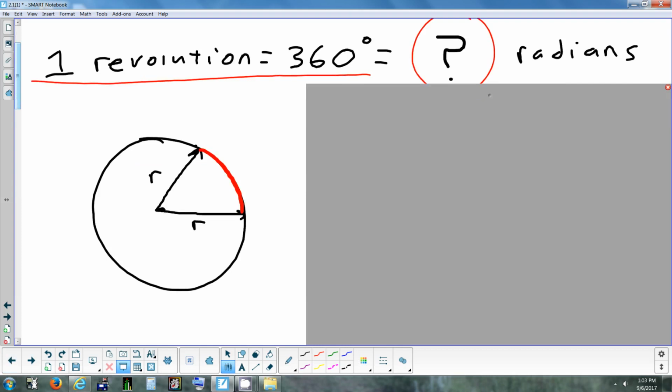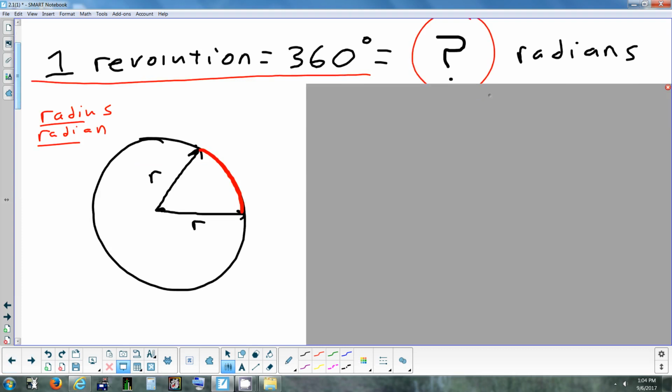What does that R stand for? Radius. And if you look at the word radius and radian, they do start out with the same four letters. And there is a connection between the two, and that's what I'm about to show you.